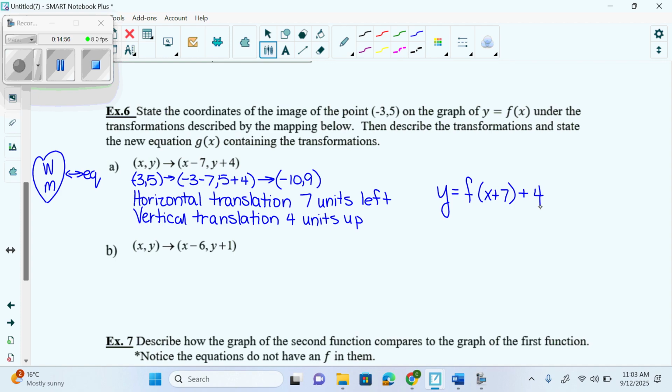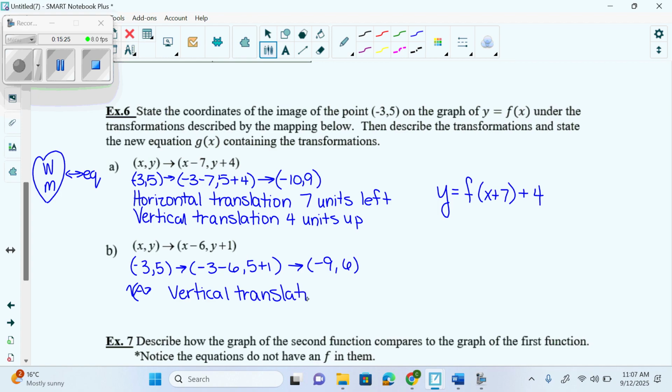So this one, we would have negative 3, 5. Becomes negative 3 minus 6, comma 5 plus 1, which is negative 9 and 6. And then this is a vertical translation, 1 unit up.